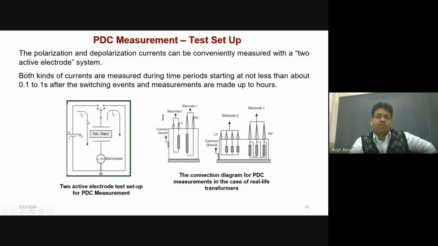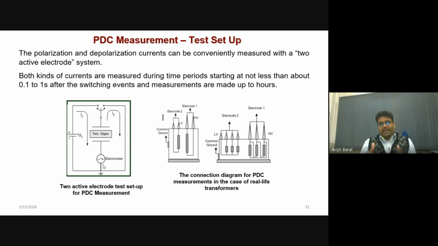At the very start, we connect this U0, which is the DC voltage, across the test object through an electrometer. An electrometer is basically an ammeter having very low current measurement capability, in the range of 10 to the power minus 18 ampere, because insulation by design has a very high impedance.